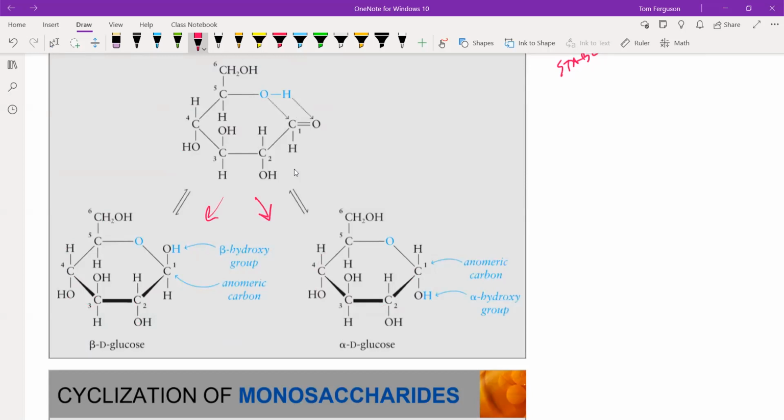In other words, if it starts off being a beta glucose, it can become an alpha glucose as it goes through the opening and then reclosing of the ring. Remember, beta is when the OH goes up. Alpha is when the OH goes down.